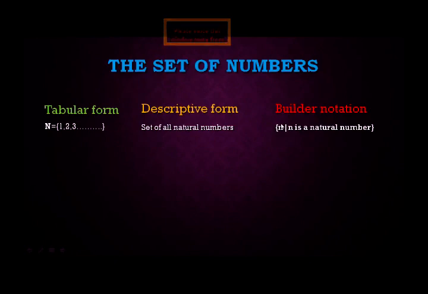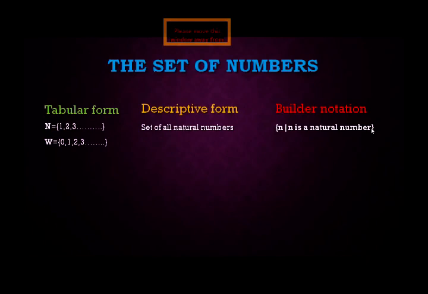I have used N. So: N such that N is a natural number. We don't have the last point or last element, so we will not write a last element here.